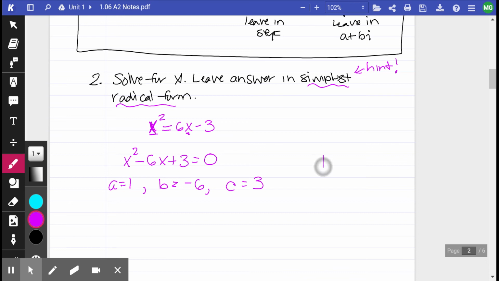So let's go ahead and find our discriminant just to make sure that we're going to have irrational roots since we know it's simplest radical form. So B is -6 quantity squared minus 4 times 1 times 3. Again, I want you to go into your calculator and type this whole thing right here, just like we did before.